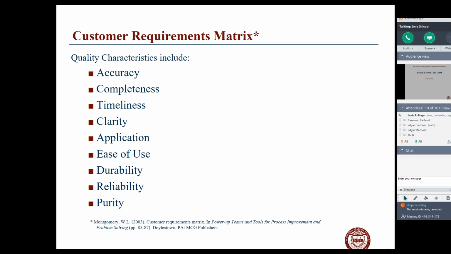Was that Judith or was that DeColo? Judith? Okay, Judith. Anybody want to help Judith with that answer? Do you think the CRM applies to all? What would your guess be, guys? Does this apply to every organization, every process?